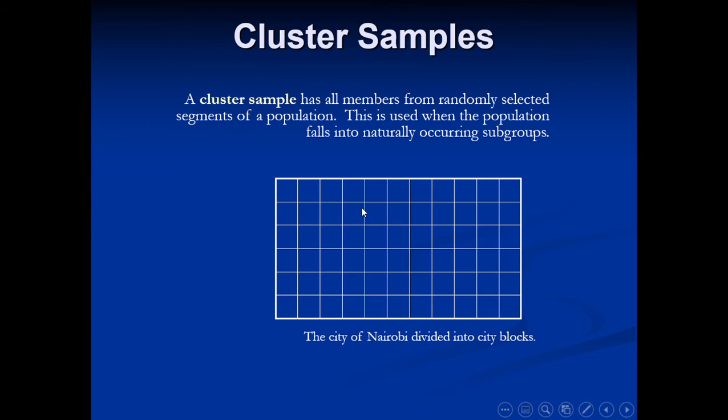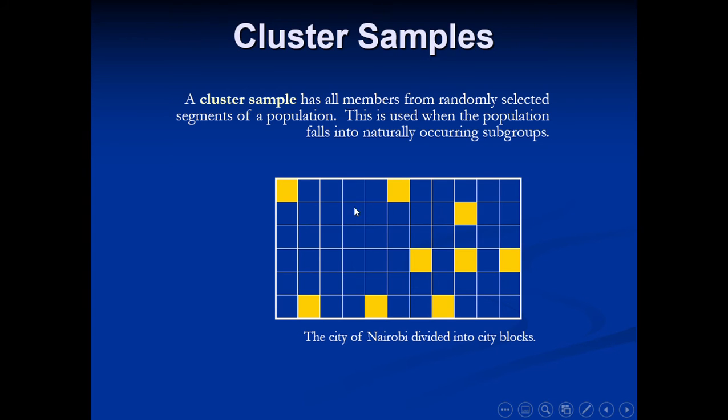Now, this is our cluster. City of Nairobi divided into city blocks. Now, we are doing what you call clustering. So in each and every city block, we are picking data randomly. And in each and every random collection, they carry the same characteristics.